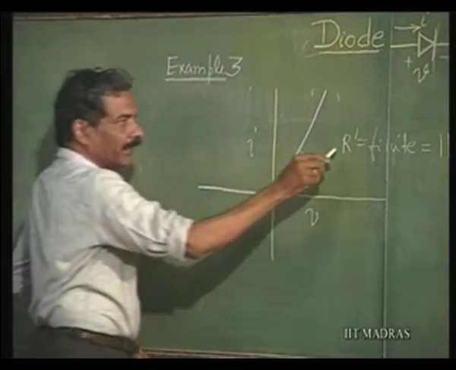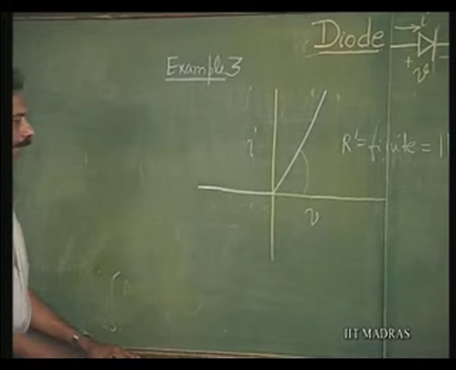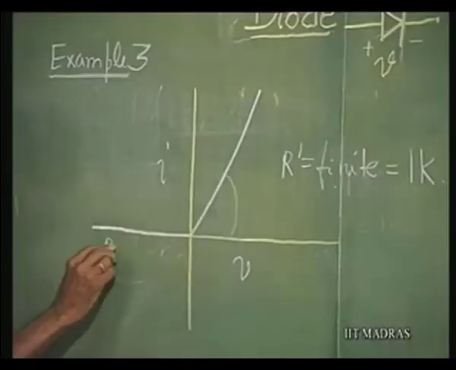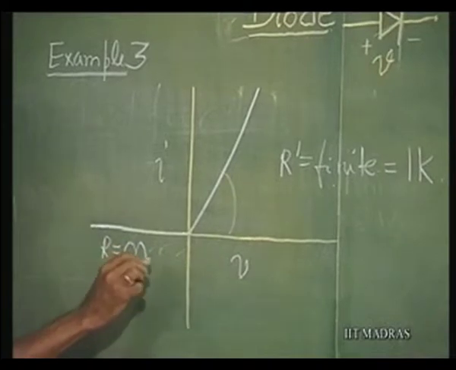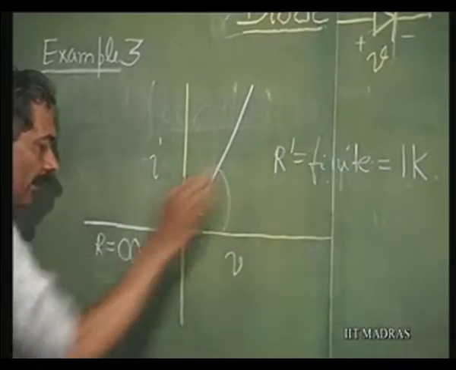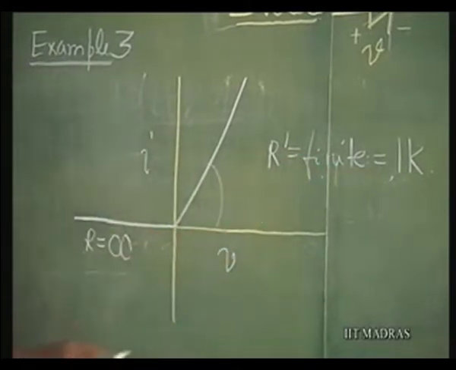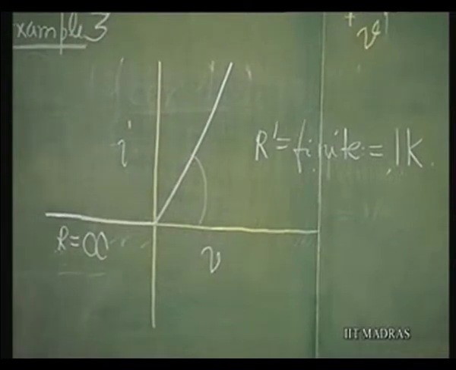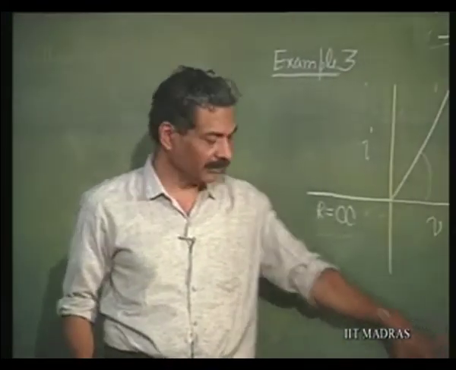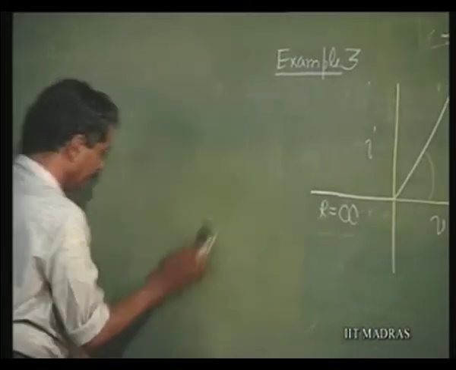So, I want an R dash which is 1 kilo ohm and R which is equal to infinity here. Earlier R dash was 0 and R was infinity. Now, R dash is 1 kilo ohm and R is equal to infinity. Let us see how we can simulate this, so that I get a nonlinear resistor of this type.